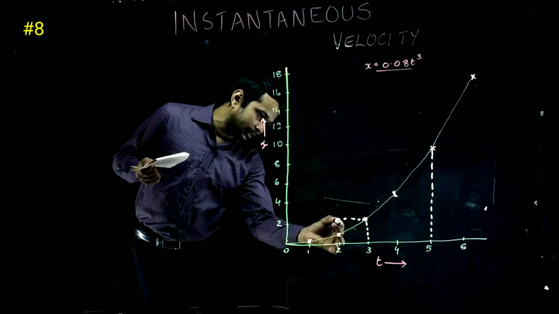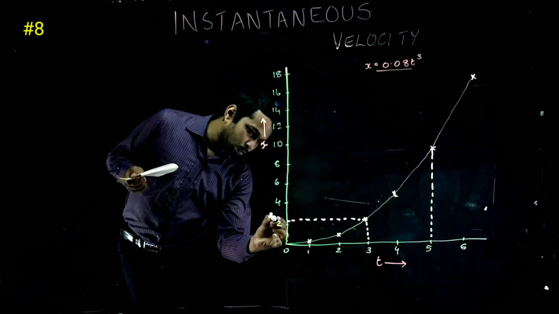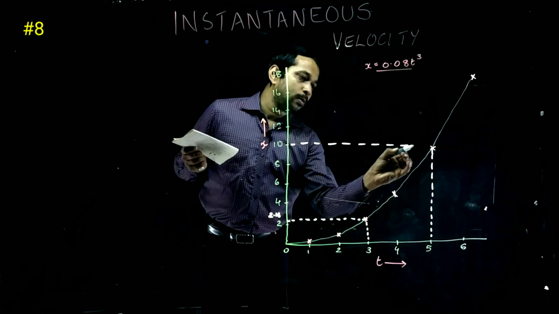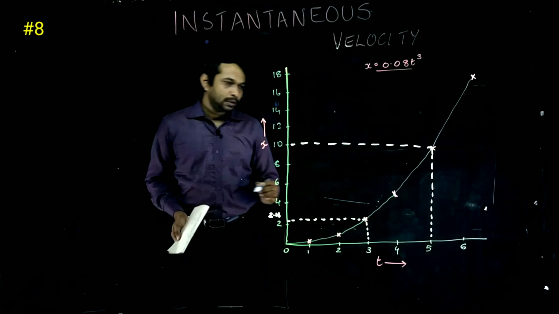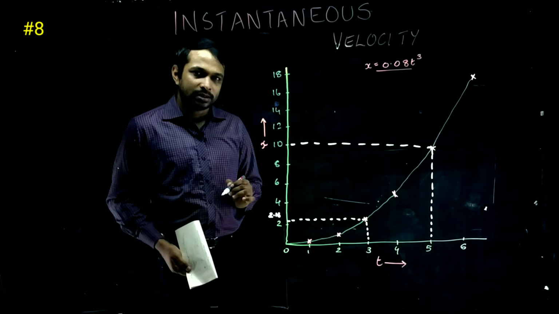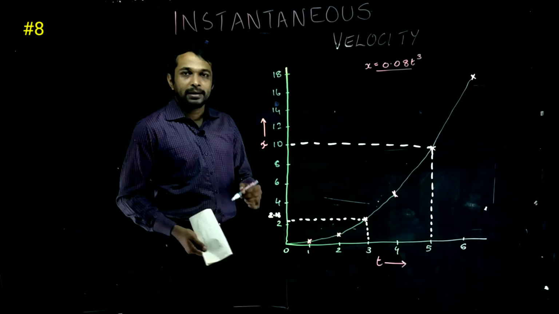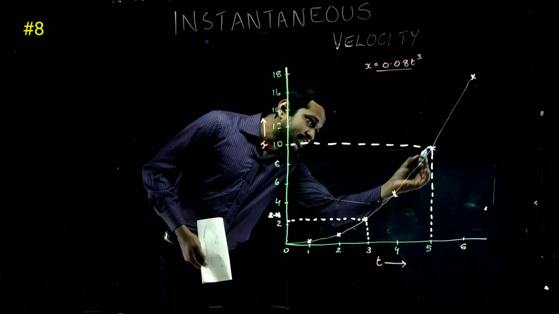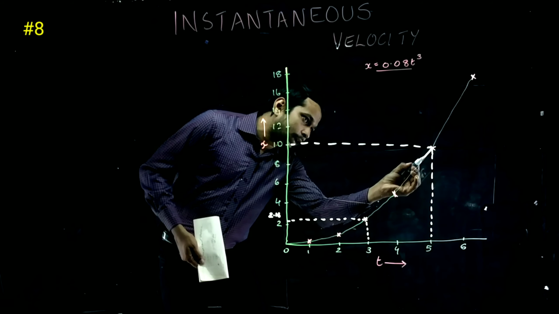Now if I join a line like this, t equal to 3 will give you 2.16, and this 5 is giving you 10. Okay, now to find out the velocity, we know these 2 points, time equal to 3 and time equal to 5. Just draw a straight line joining these 2 points.